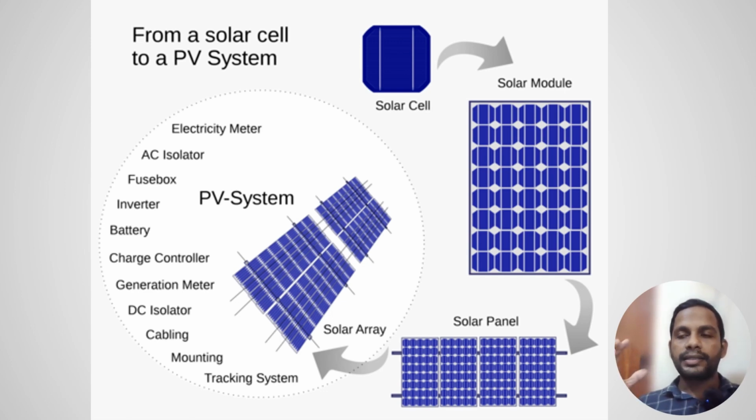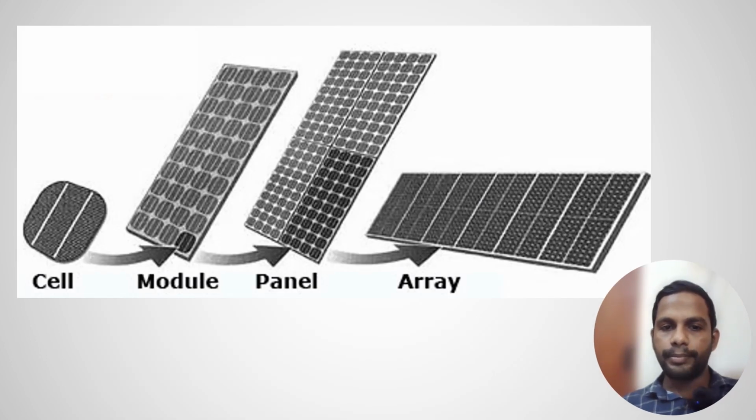Or we can say we have a solar PV array on the rooftop. Array means it includes the whole system. Usually the terminology panel, we may not use. As I said, we use panels only in places where the installation requires a prefabricated panel.